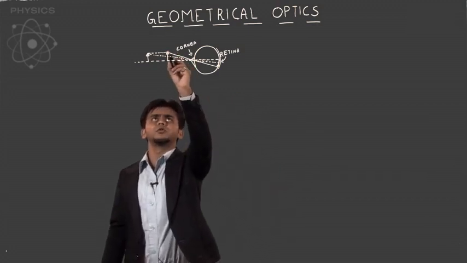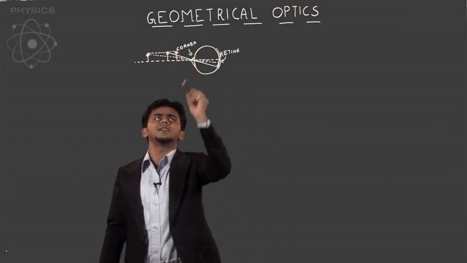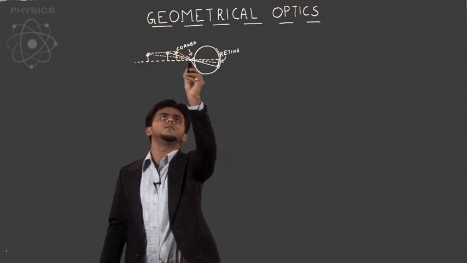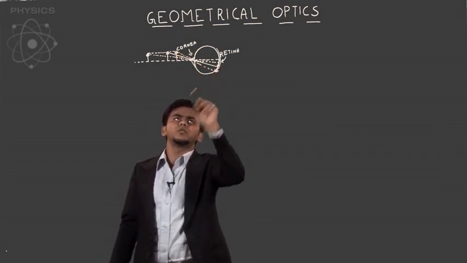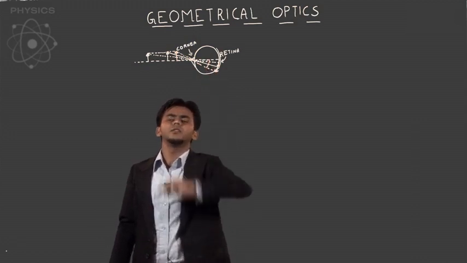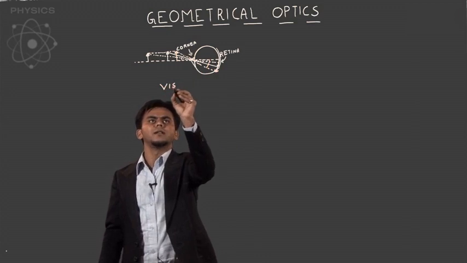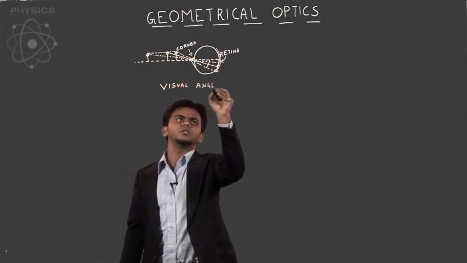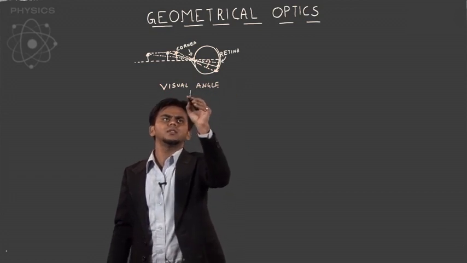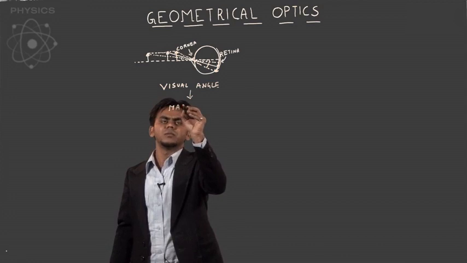What happens if we bring it closer? It's not difficult to understand that naturally it would occupy more space on the retina, and the visual angle would increase. So I can sum this up as: visual angle gives you an idea of the dimension, and this is what magnification is about.